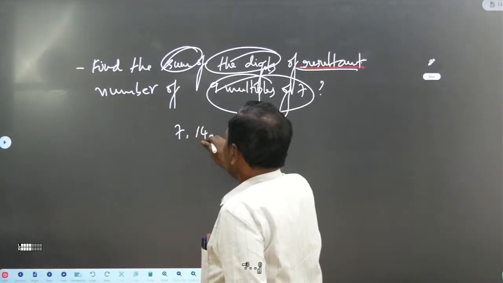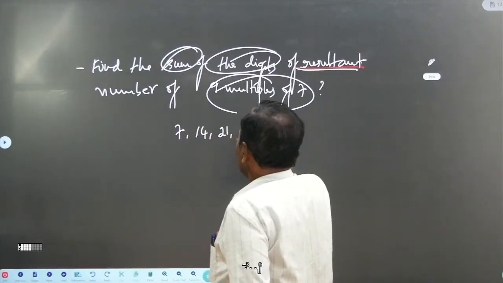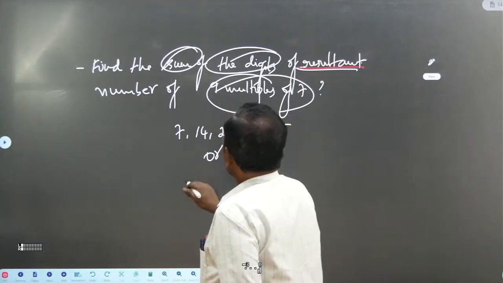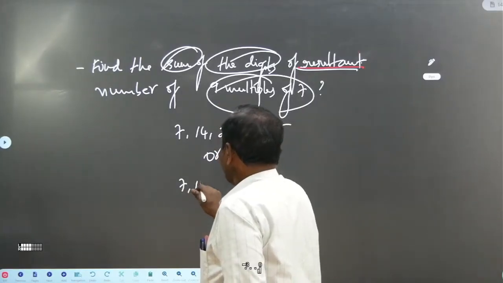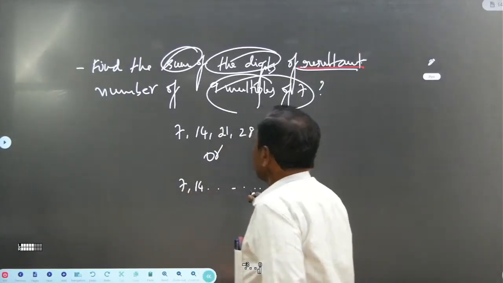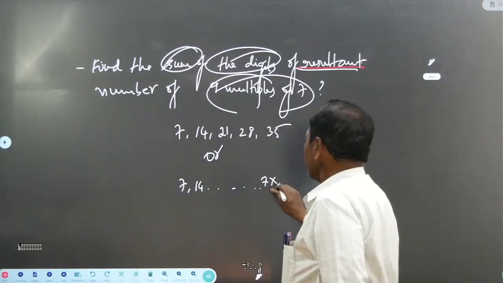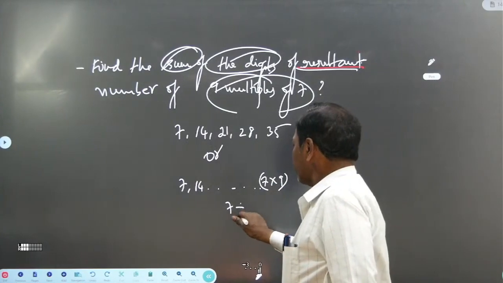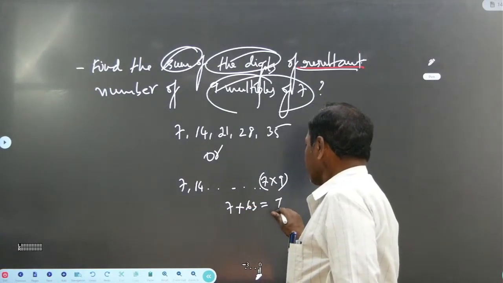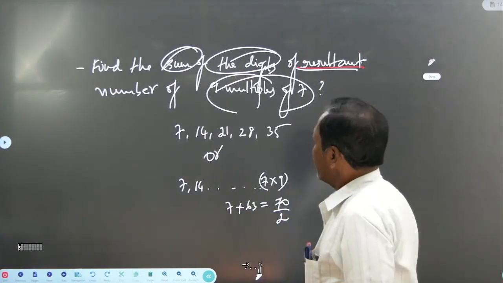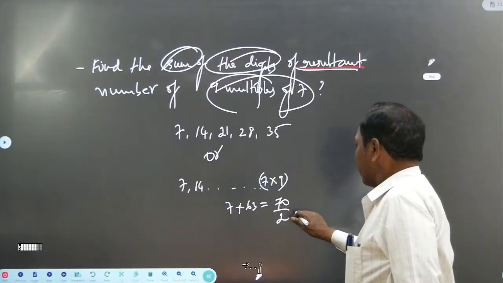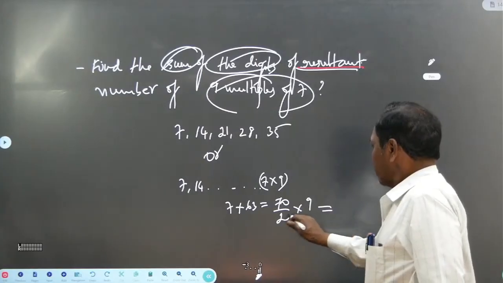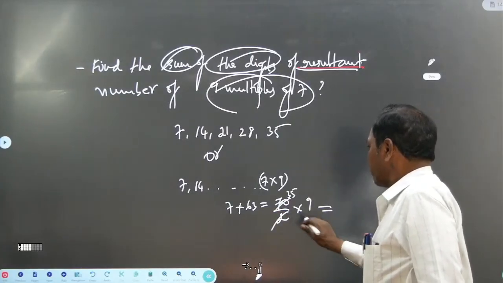7, 14, 21, 28 and 35, or you can say 7, 14, and the last number will be 7 into 9. So 7 plus 63, that is 70, by 2 gives the average, into how many observations are there? 9. So 35 into 9 is 315.